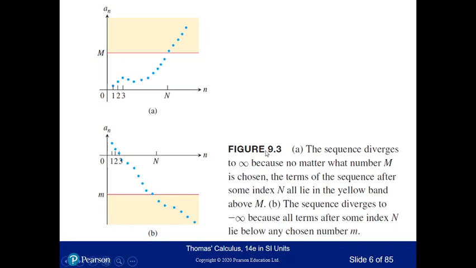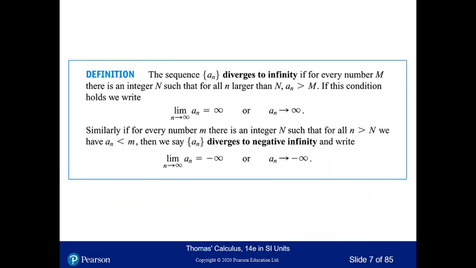Let's see, and there's an unbounded sequence as well. We are going to say a sequence a_n diverges to infinity if for every M there is an N such that for all n larger than N, a_n is greater than M. So there's no way you can stop it.